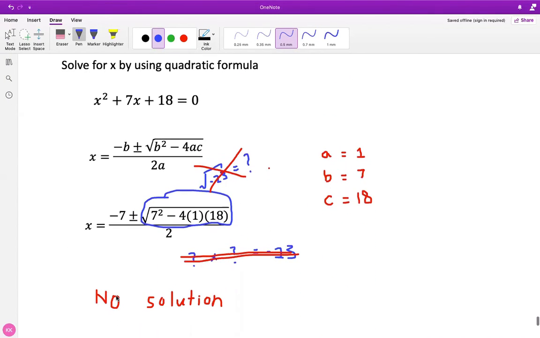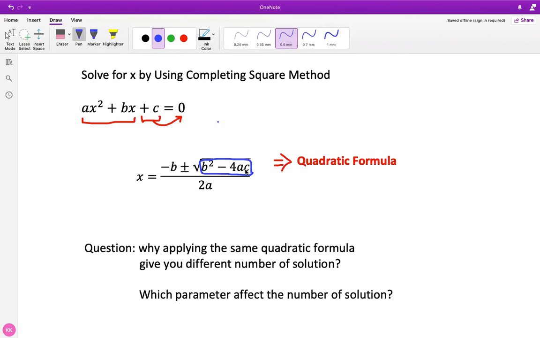For the third example, we see that b squared minus 4ac here is less than 0. We calculated it as -23 before. So we cannot take the square root of a negative number. That's why I cannot see any solution for this example. So basically, b squared minus 4ac, this parameter here, affects the number of solutions, because we cannot take the square root of negative numbers.